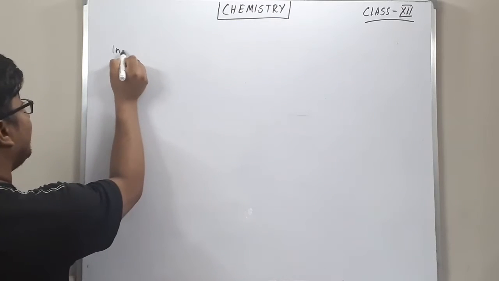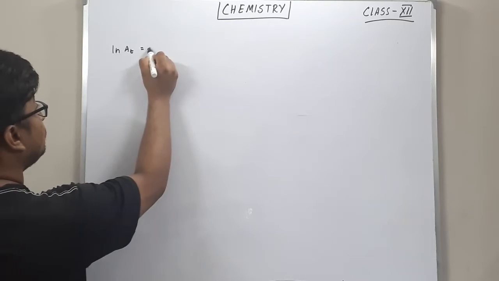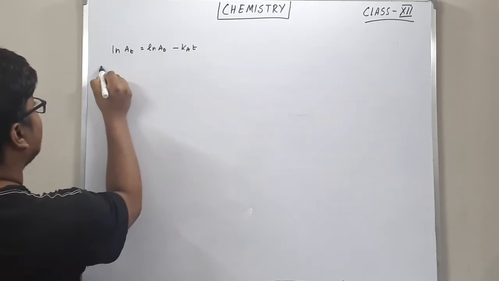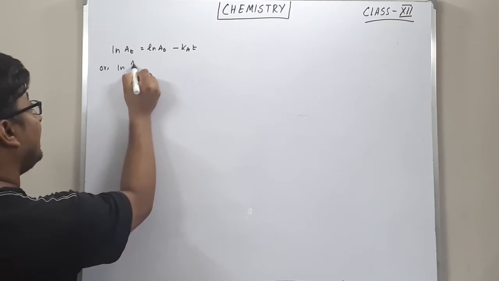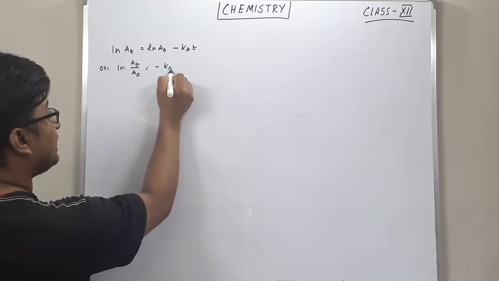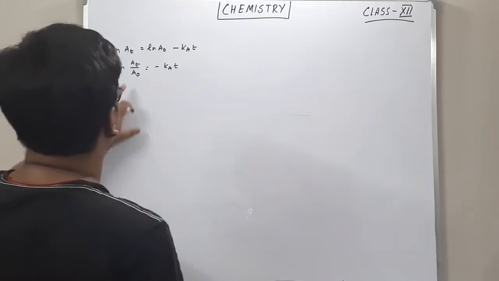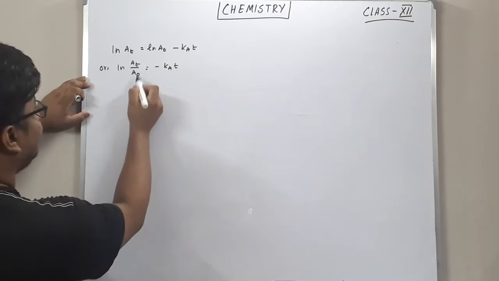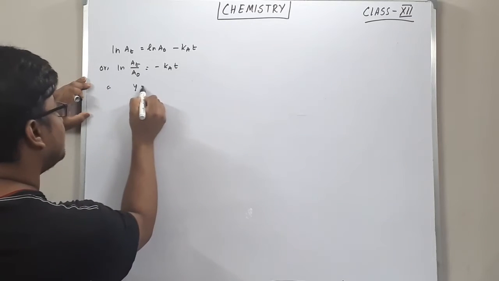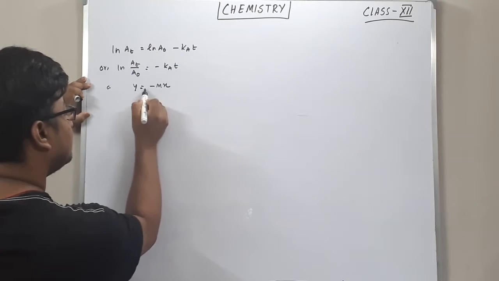So what was that? ln At is equal to ln A0 minus Ka into t. Or what I can do, ln At by A0, if I take here, is equal to minus Ka into t. Achha. Now if I plot ln At by A0 against time, this is a y is equal to minus mx kind of graph.